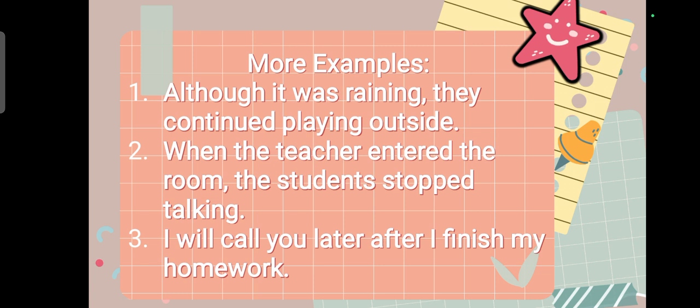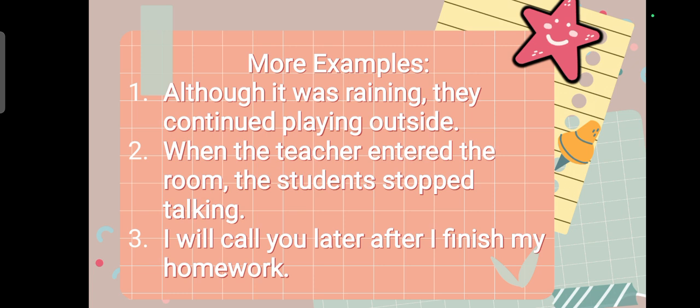Okay, what have you observed with the examples 1, 2, and 3? Yes, when the dependent clause was placed at the beginning, of course, you're going to use a comma. But when it was placed in the later part, no need to use comma.